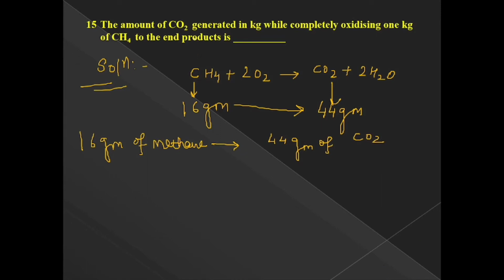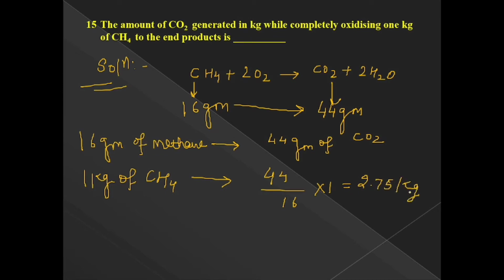Okay. Now 1 kilogram of methane, how much carbon dioxide does it give? That is an important question that the examiner has asked us. 44 divided by 16 into 1, that is equal to 2.75 kilogram of carbon dioxide is our answer.